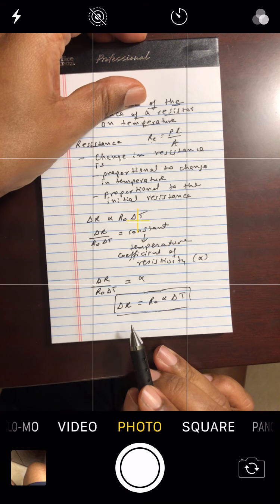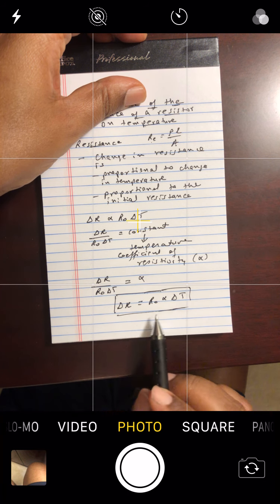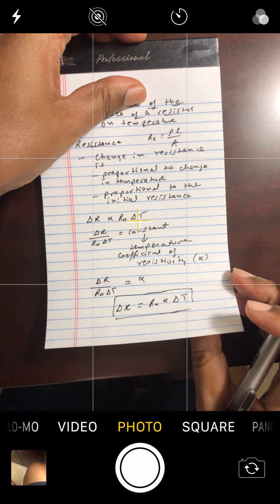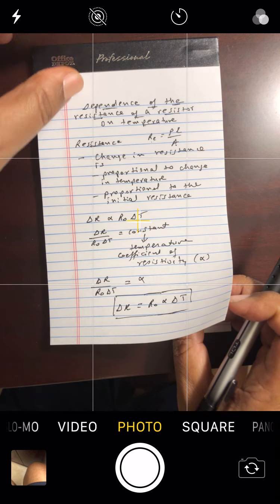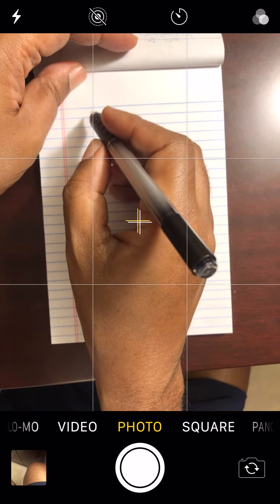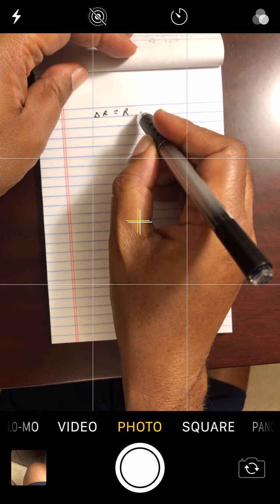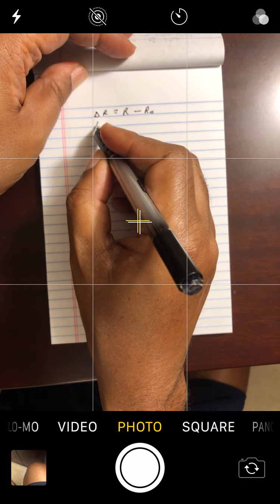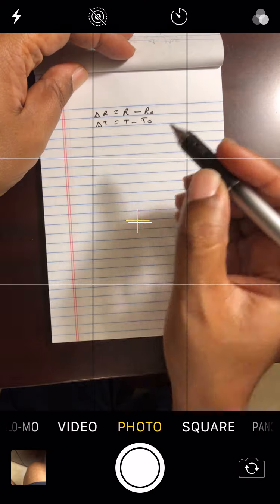Now this formula is useful if you're dealing with changes. You calculate the change in resistance corresponding to a certain change in temperature, but sometimes you might be looking for the resistance at a particular temperature. So let's modify this formula in that case. We can write delta R as the resistance at temperature T minus the initial resistance, and delta T would be the final temperature minus the initial temperature.